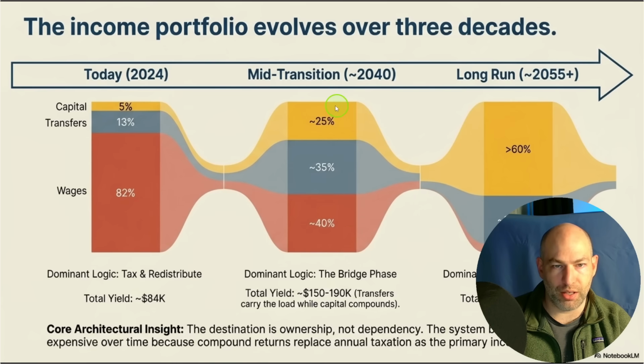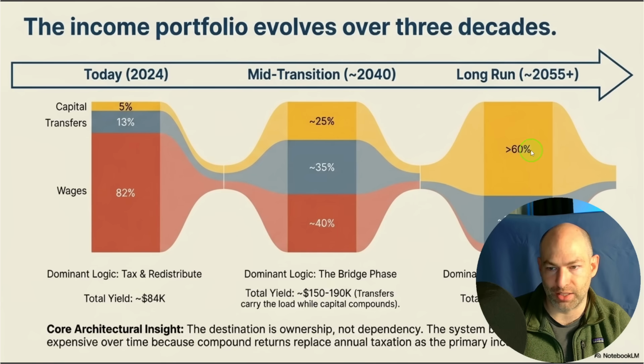So that would be some more capital, some more transfers, and then of course the wages shrink. And then in the long run, the goal should be that basically wages and capital flip-flop. We would ideally see capital-based income in the 2050s to be greater than 80%. Honestly, I would say greater than 90% of household income, with a little bit of transfers and a little bit of wages as residual. That's what I would prefer to see.